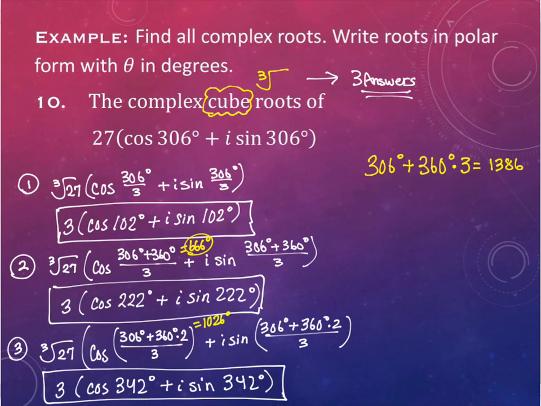And then I'd like you to take 1,386 and divide it now by 3. 462. And why is that not okay? It's not less than 360, right? So if you get carried away and you forget that you only have 3 answers and you get to a point where your angle measure is too big, again, it's a red flag that should tell you, wait a minute, I went too far. Cool?